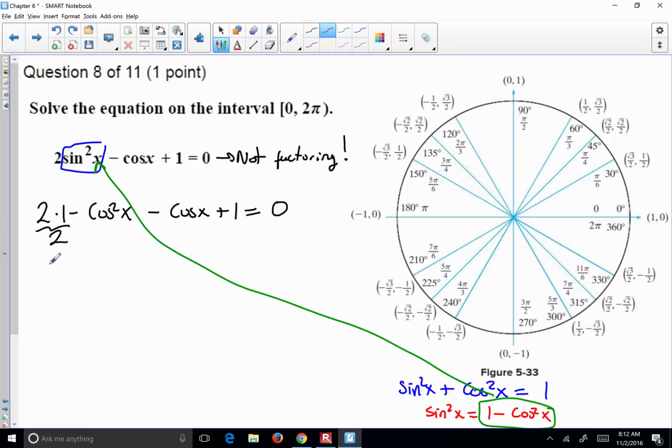So I have 2, 1 adding to 3, minus cosine squared minus cos x equals 0. Agree?